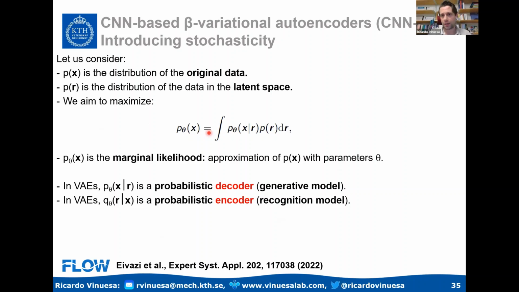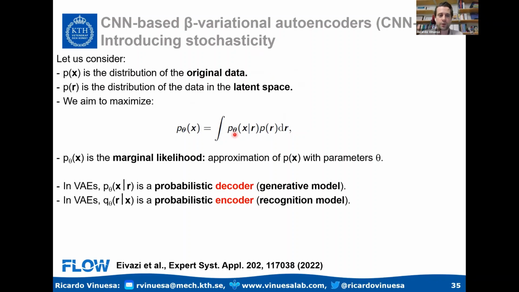If I want to go to orthogonal modes, then I need to resort to the context of variational autoencoders, which allow me to introduce stochasticity in the latent space. Here, P of X is the distribution of the original data, P of R is the distribution of the data in the latent space, and the goal is to maximize this function, which is the marginal likelihood, which is basically the approximation of P of X given the parameters theta of my network.